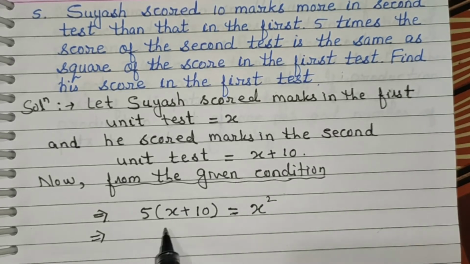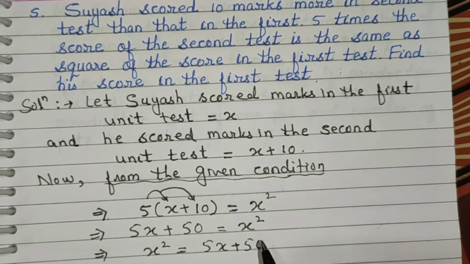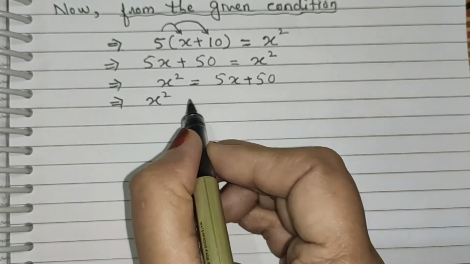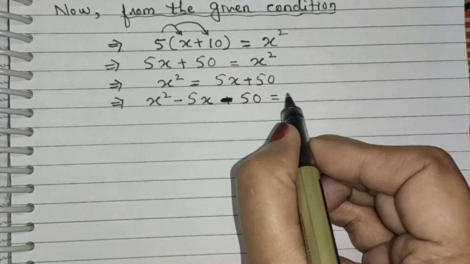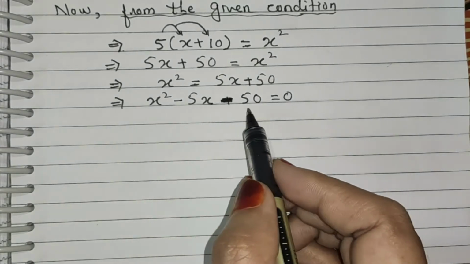Therefore, now open the bracket, multiply each and every term inside the bracket by 5. We get 5x plus 50 is equal to x square. Now it can be written as x square is equal to 5x plus 50. Now shifting all the terms to left hand side, we get x square minus 5x minus 50 is equal to 0. Now we get here a quadratic equation.